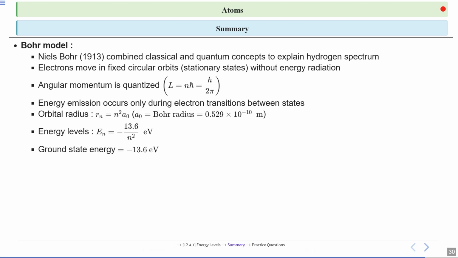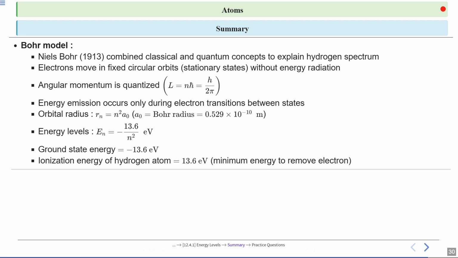This is the most stable state for the electron in the hydrogen atom. Finally, the ionization energy of the hydrogen atom is 13.6 electron volts. This is the minimum energy needed to remove the electron completely from the atom, starting from the ground state. So if you give the electron 13.6 electron volts, it escapes the atom and the hydrogen atom becomes ionized.